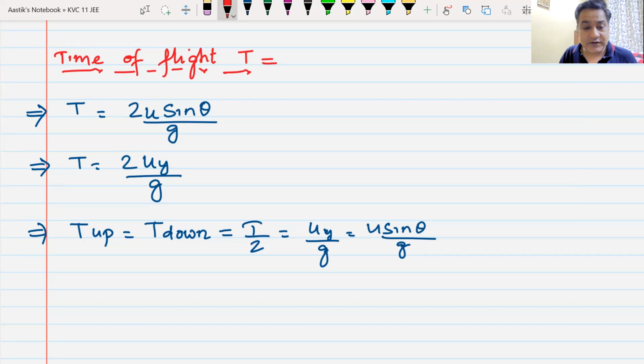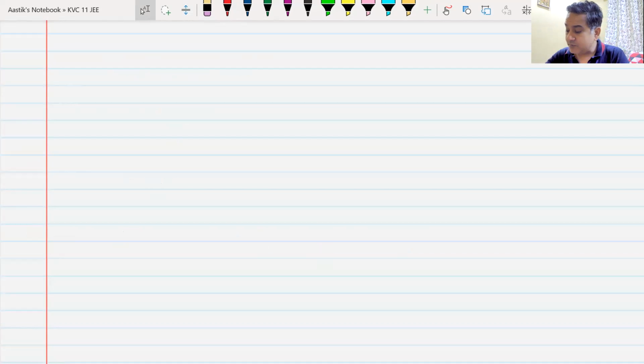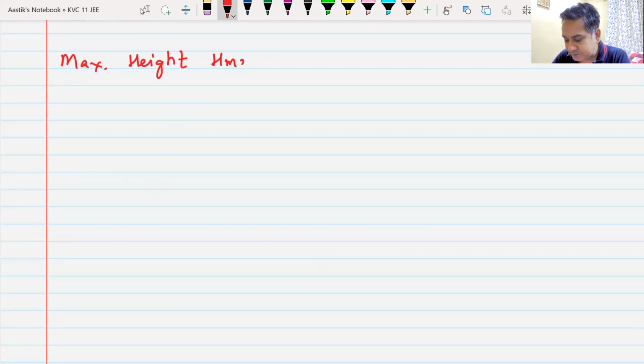As soon as we are done with time of flight, we must move on to the next formula, and the next formula is for maximum height. Maximum height, H max. What is the formula for maximum height, H max? Anyone?